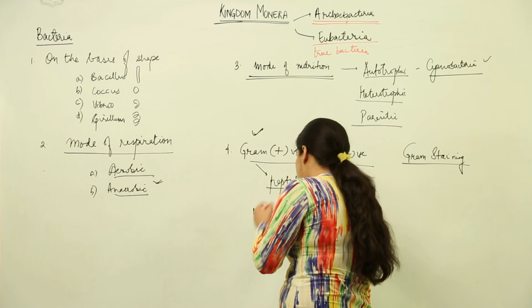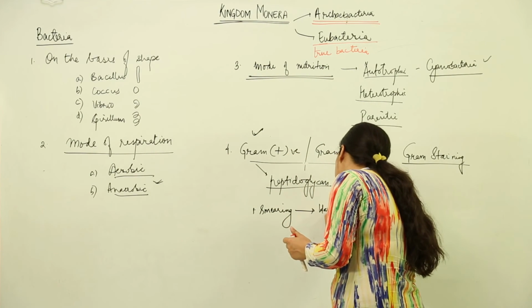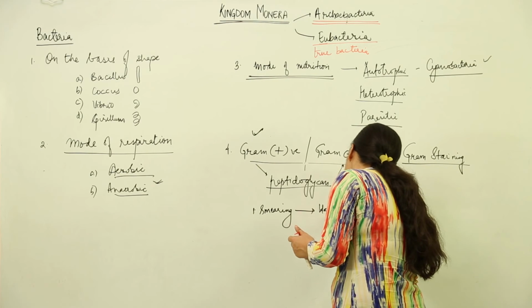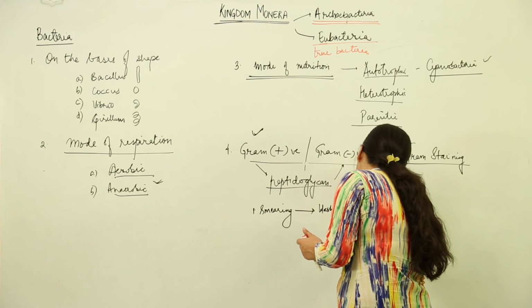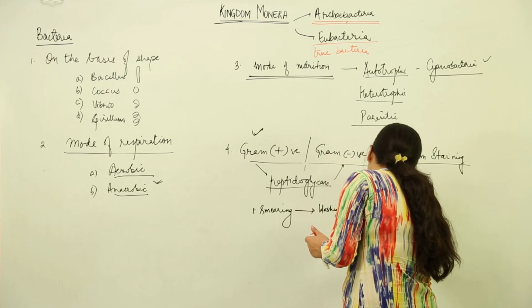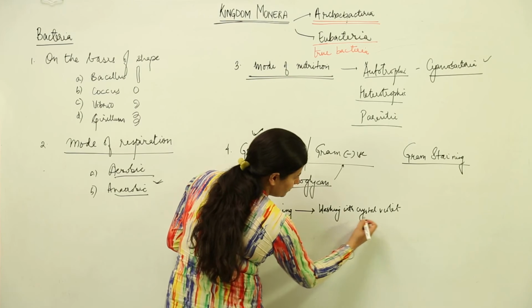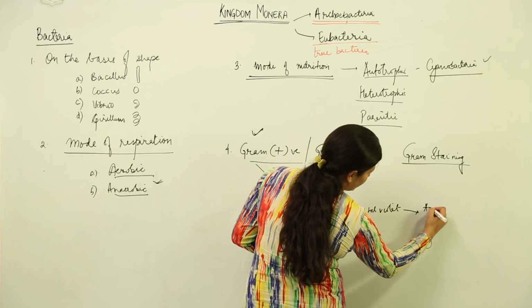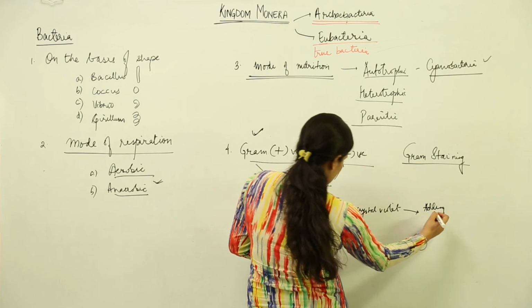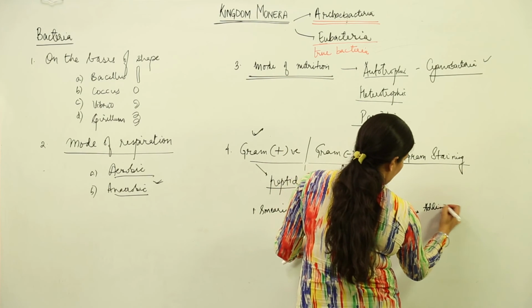The second step would be washing with crystal violet. The third step would be adding iodine.